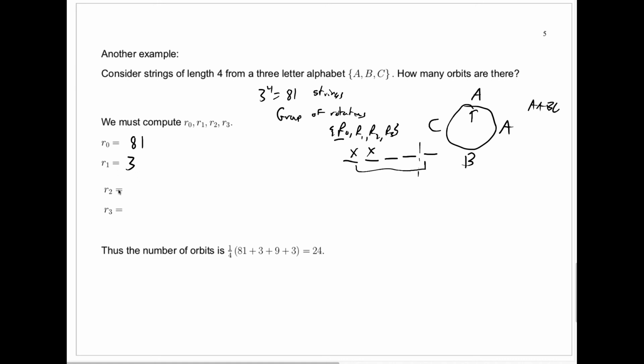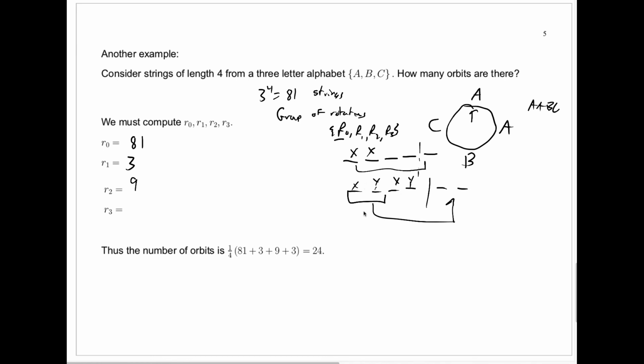And just as before, we can find R2 very easily. That's just 9, because if we have 4-letter strings and we want it fixed under R2, we want it to be the same when we take the first 2 letters and move them to the back. Whatever these are, X, Y, then the last two will have to match them. And there are going to be 9 ways to choose the first 2 letters of the string.